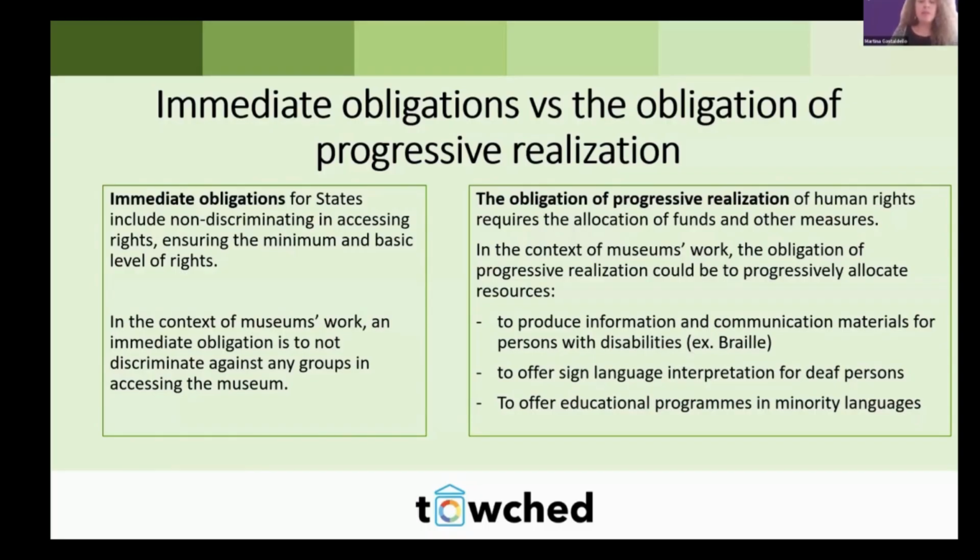And in the context of the work of the museums, it comes back to what I was saying before about the obligation to fulfill human rights, because it would require, for example, museums to progressively allocate resources, maybe also in partnership with some organization, to produce information and communication material for persons with disabilities, like in Braille, or to offer sign language interpretation for persons who have a hearing impairment, but also in case of education for sustainable development interventions, to offer it in minority languages.